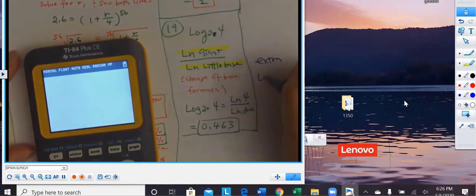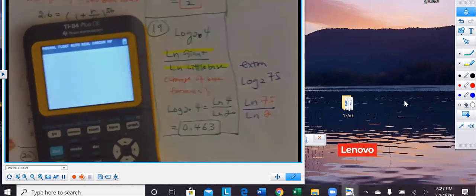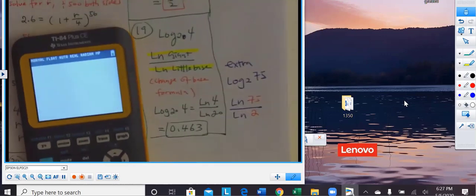If I do log 275, something like that, then I put ln on top and ln at the bottom, right? And then the giant size 75 goes here, and the base goes to the bottom. So the base is always on the bottom? Correct. Okay. So when I need to do it, I just need to, oops, oh, I'm running out of time.